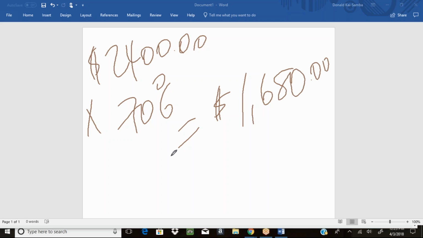Okay. Now, out of that $1,680, this is how much you're going to earn eventually, if the business becomes good, if the business is a success. It's $1,680.